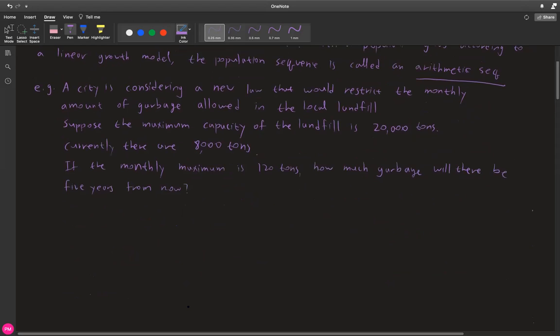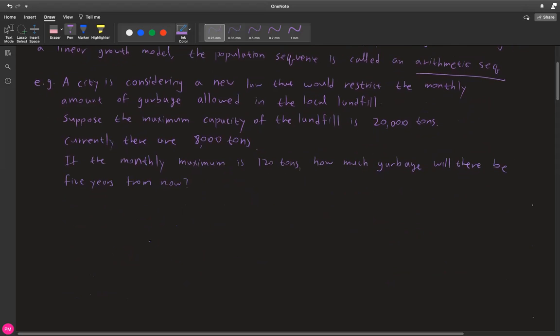So before we tackle any numbers, do we all understand the problem? A city that currently has 8,000 tons in its landfill is now implementing a new law that limits the garbage disposal to 120 tons. And the problem is asking, in 5 years, how much garbage will there be in the landfill?